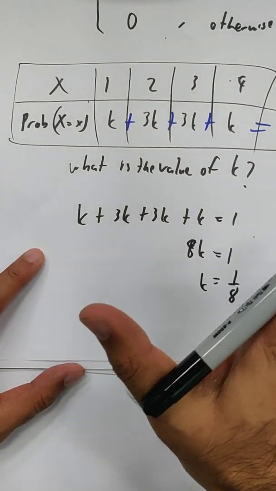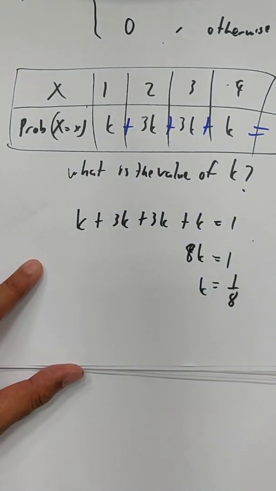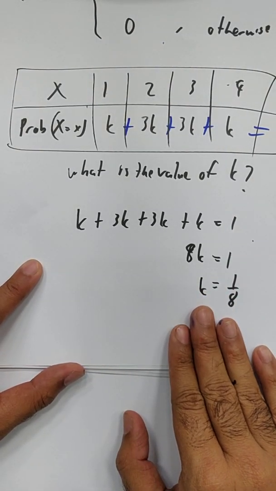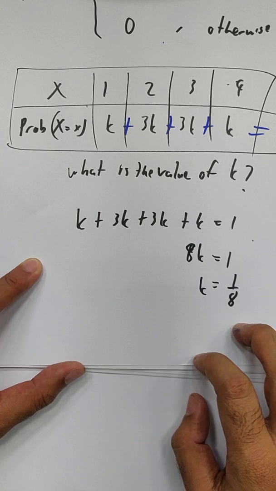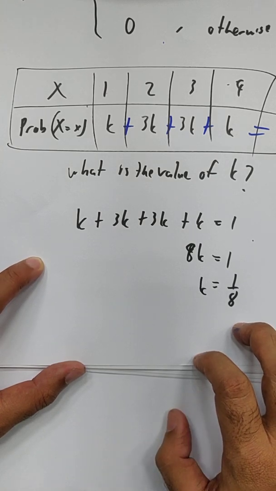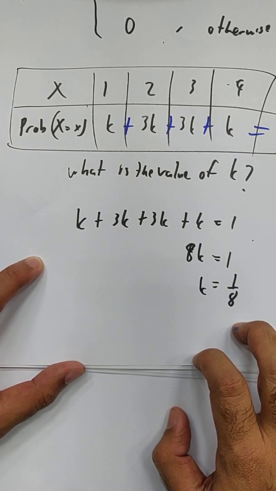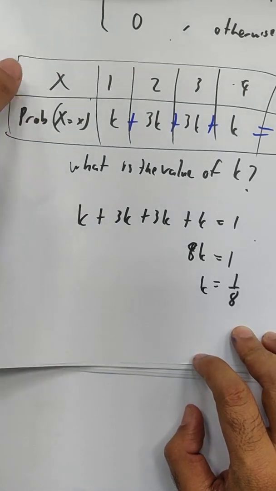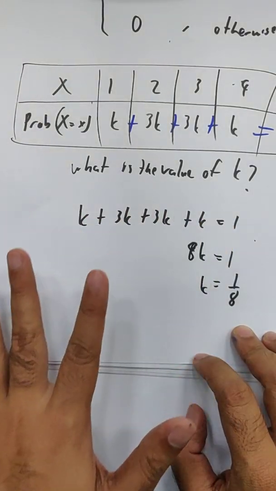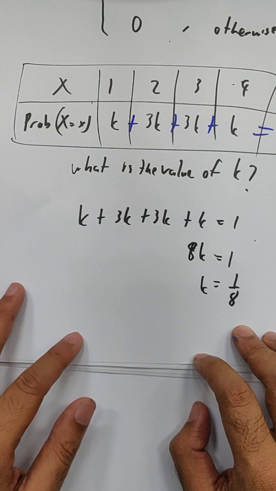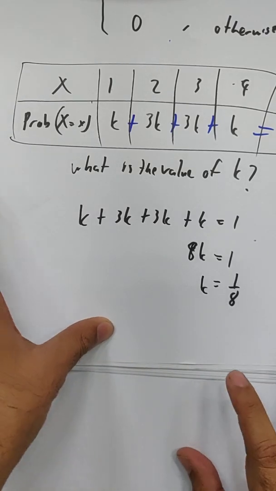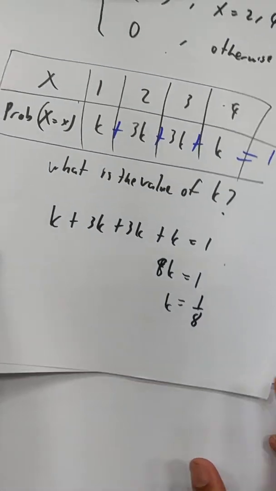Are you okay? Good. So once you get k or 1 over 8, the next question that might come in the exam is, okay, now write down the distribution table. This is a normal exam question. They might give you something like this, and the next question is going to say, okay, now construct the probability distribution table.